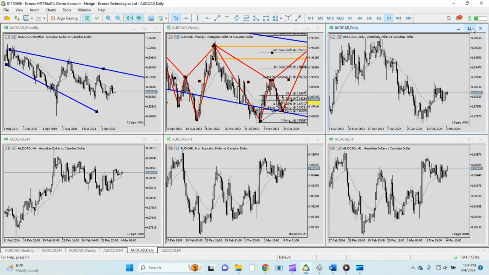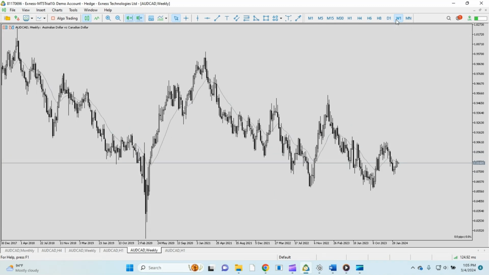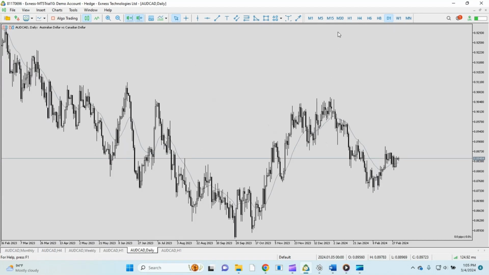So in the daily time frame, what we have, as you are in the daily time frame, check what you are going to do. If there is any pattern you can observe, so we have a demand area here.